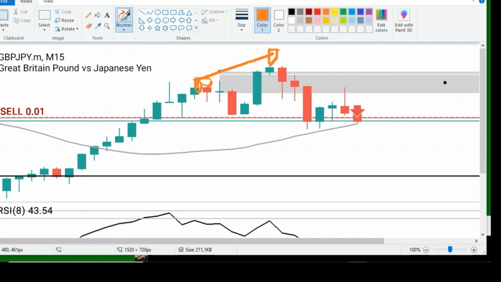Now, if you look at your RSI, we have a high right here, with this high, and we have this high right here.